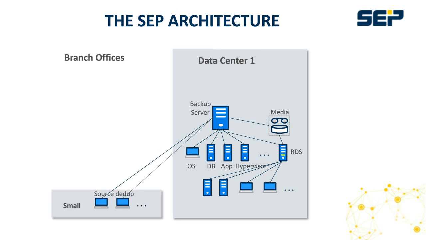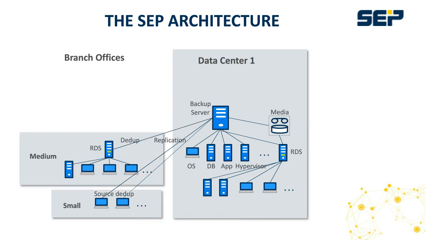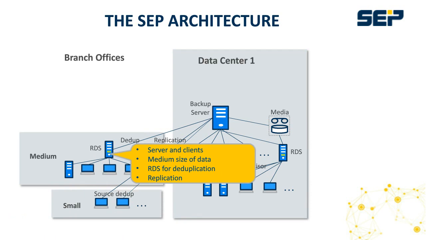This shows us the possibilities to scale out. That means for small branches, we can do a direct backup to our data center or to our sesam server. For that backups, we are able to use our so-called source deduplication technology, so that the data is deduplicated before it is transported to the sesam backup device. In case of medium branches, we can use our remote device server to scale, so that the remote device server is doing global deduplication of the client and then replicates the deduplicated data to the main data center.